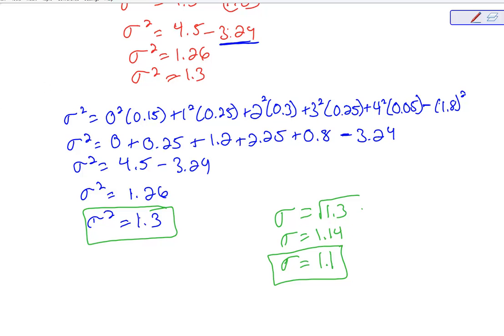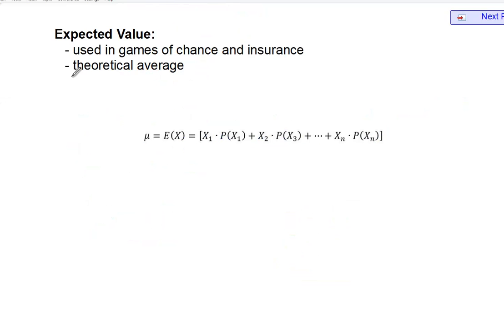There's one more thing that we look at when we're in this area, and that is expected value. Expected value is used in games of chance and in insurance. And what I mean by that is it's used in what is the expectation of the outcome of a game. Are you expected to win or are you expected to lose? Insurance policies are done up this way.